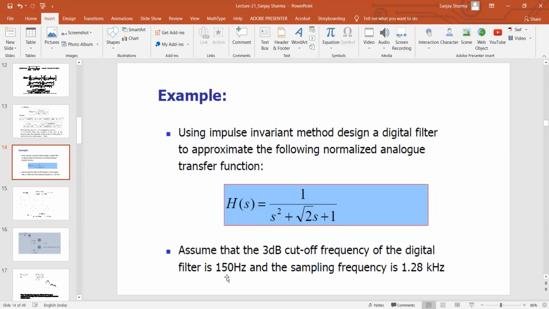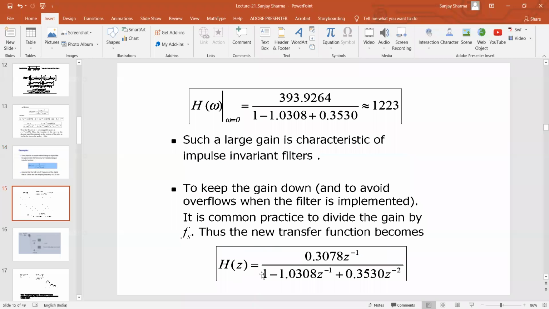You can calculate omega c from here: 2 pi f will be your omega c. So you replace every s with s by omega c. Whatever transfer function you get, that will be the denormalized transfer function. Once you get the denormalized transfer function, you can use the impulse invariant method to get H(z). So this is the H(z) you will get.